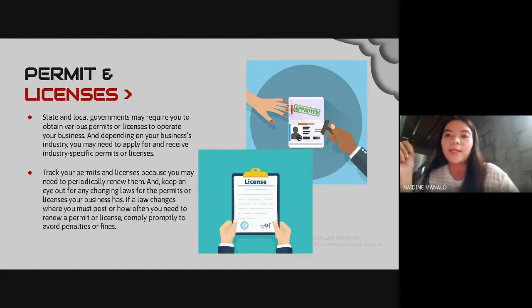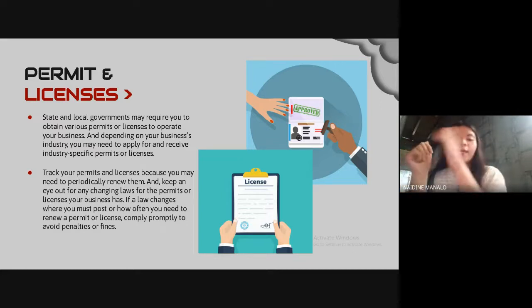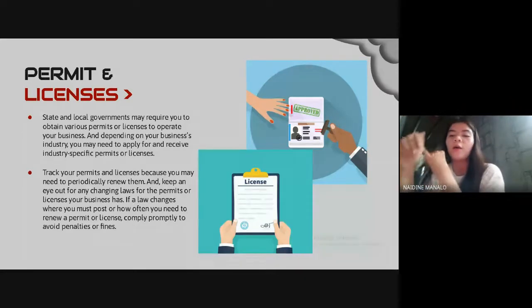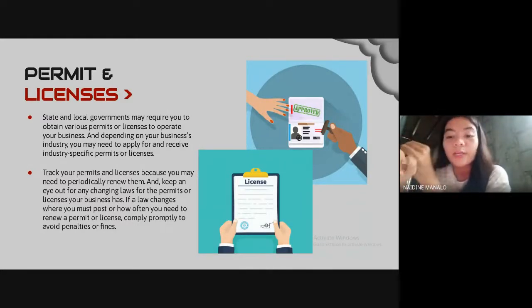Track your permits and licenses because you may need to periodically renew them. And keep an eye out for changing laws for the permits or licenses your business has. If a law changes where you must pay or how often you need to renew a permit or a license, comply promptly to avoid penalties or fines.